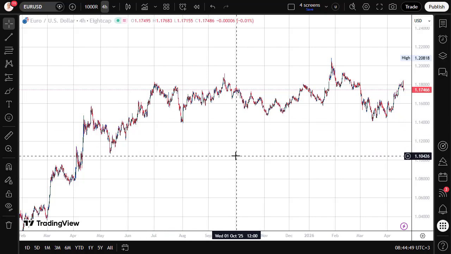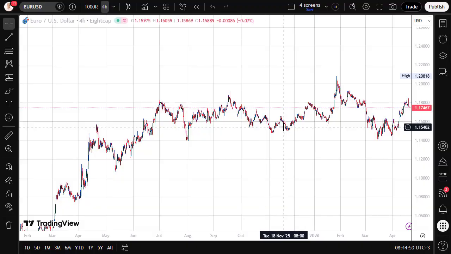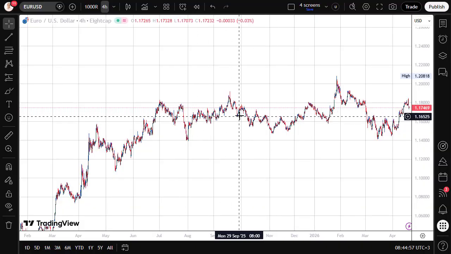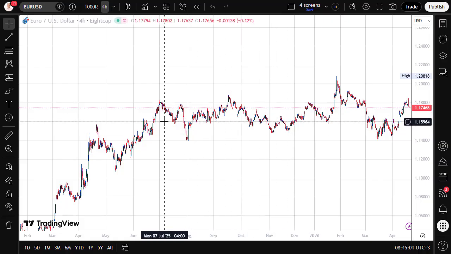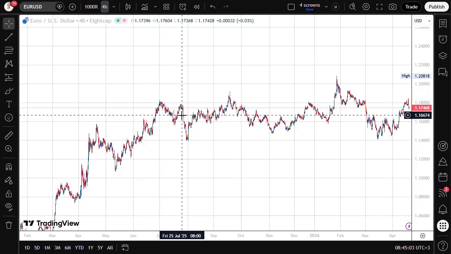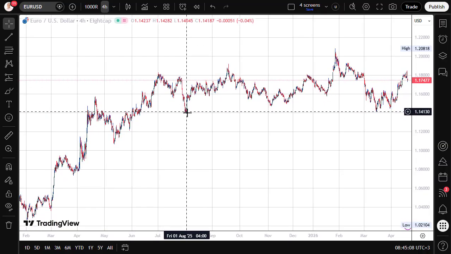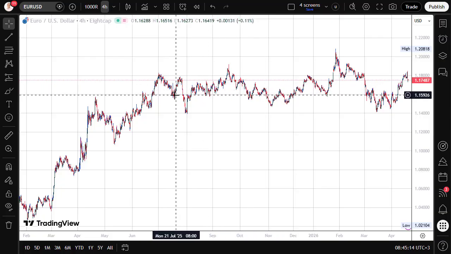Now look at this. Same pair, same time frame, but different environment. No clear trend. Frequent reversals. Weak momentum. Now take the exact same setup to buy on a pullback. Does it work? Well, probably not. Price doesn't follow through. The structure is broken.